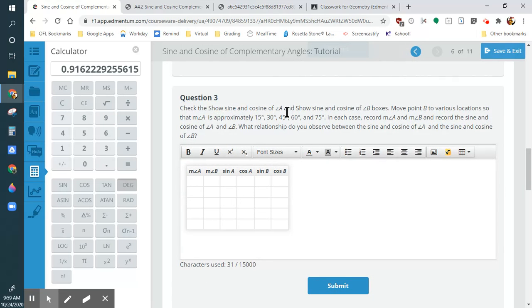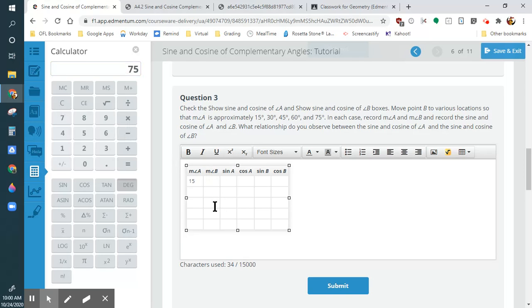Show sine angles of this. So we're going to do it for all of these. So if this is 15, then this angle, let me clear this out. It's a little early in the morning for me to figure that out right now.